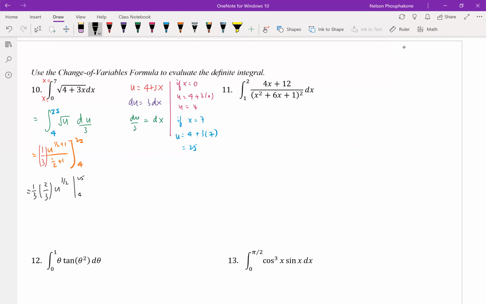So I will have 2 over 9 and then 25 to the 3/2 minus 4 to the 3/2. So 2 over 9, 5 cubed. Let me work it out.